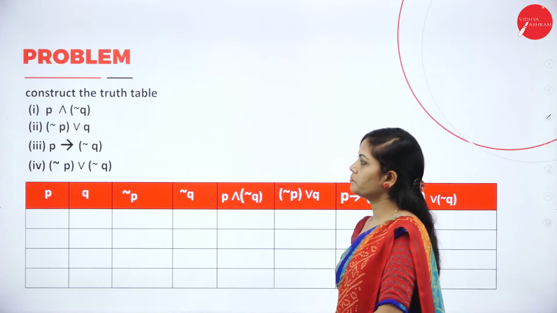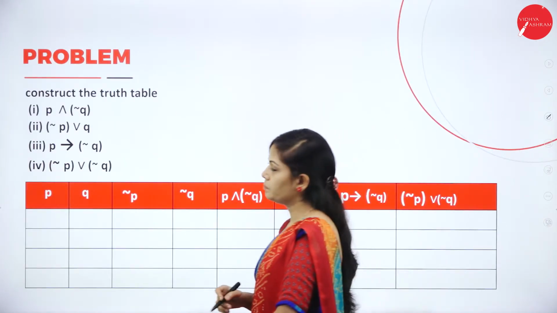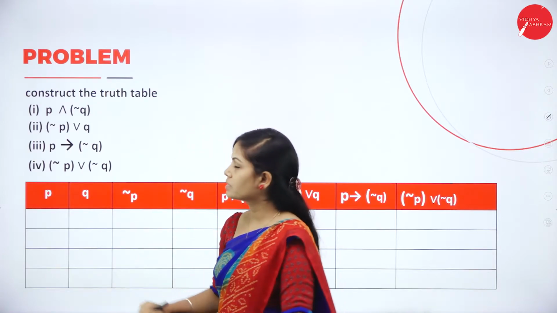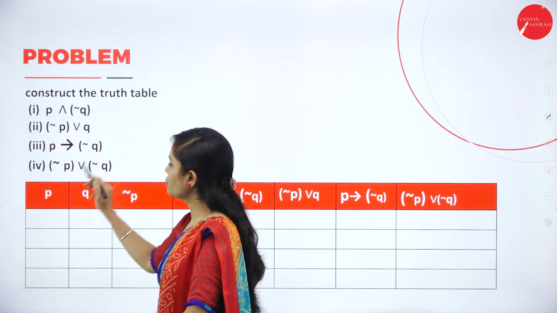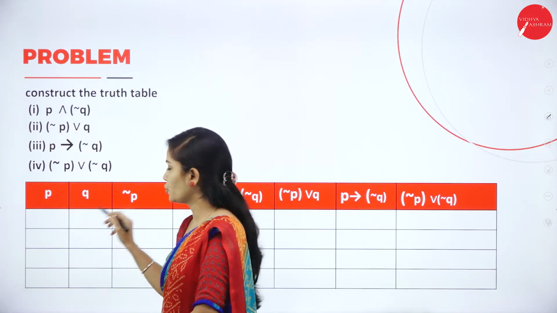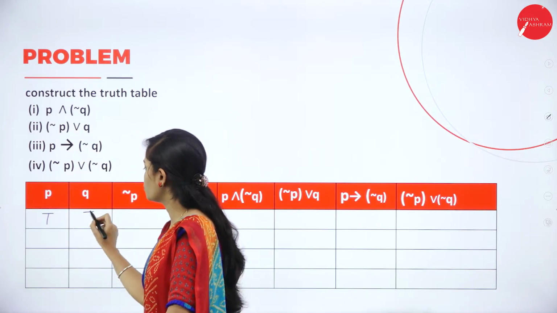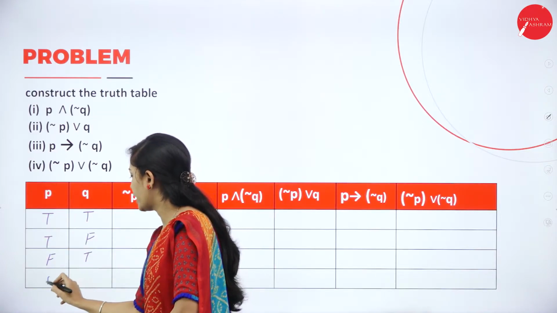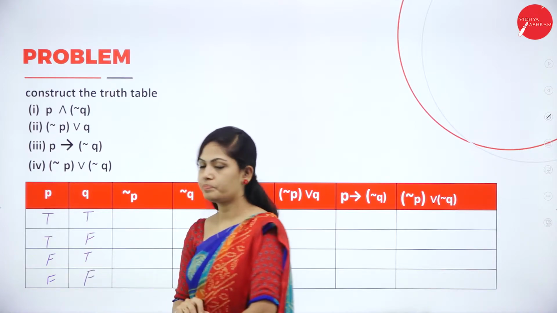And the next problem, construct the truth table. For writing the truth table, you have to check the statements. We have two statements, P and Q. First write the statements P and Q and their truth values: true, true, true, false, false, true and false, false.